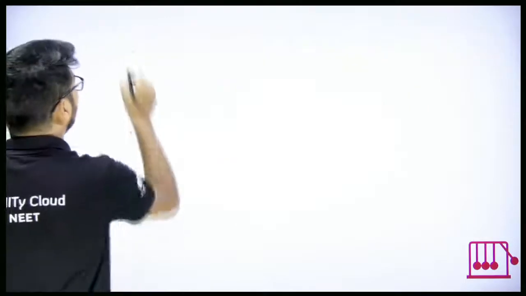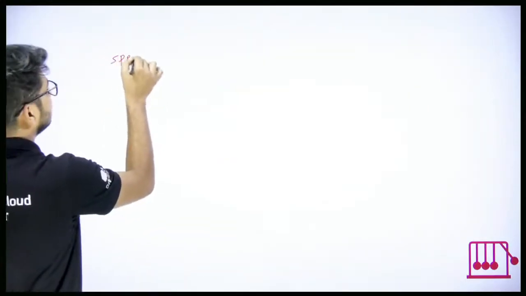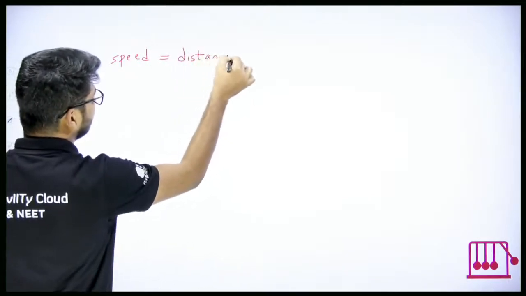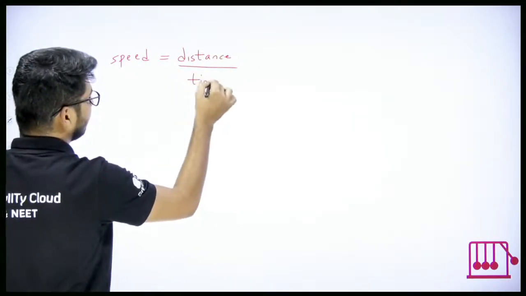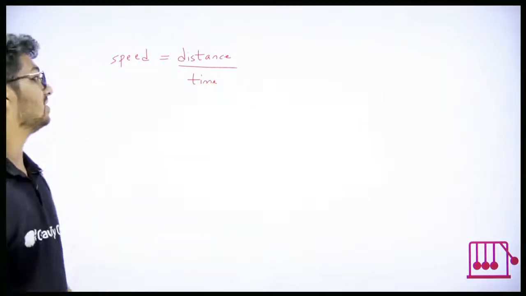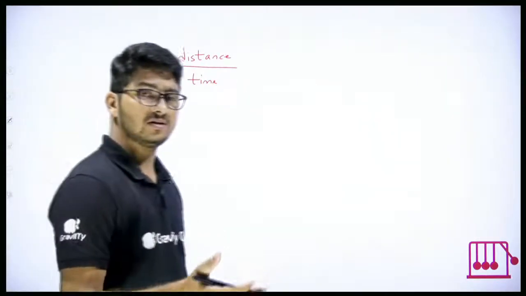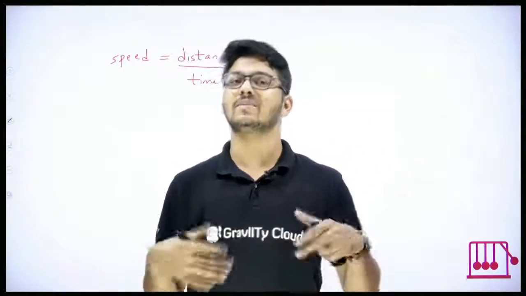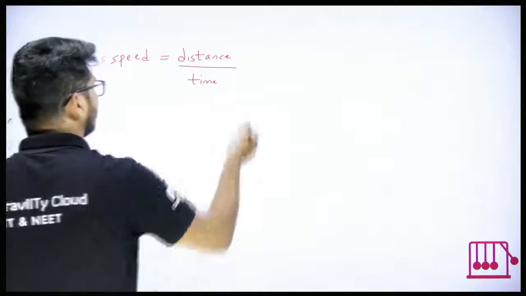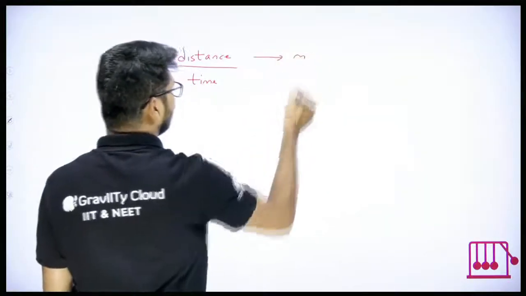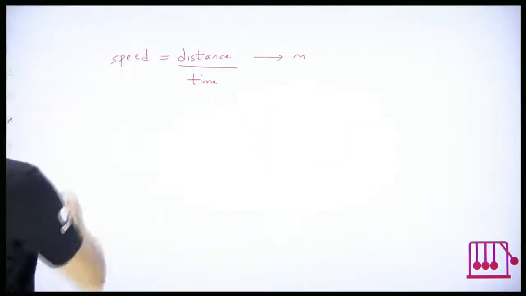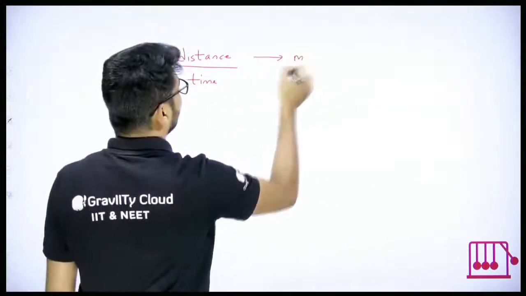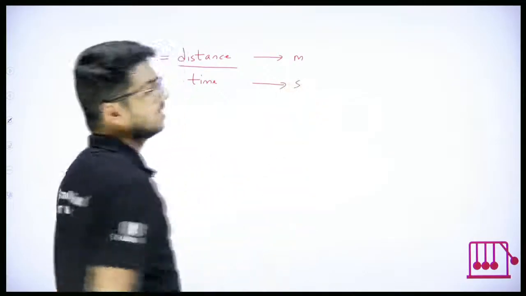Look at this. When we say speed is equal to distance by time, what is the SI unit of distance? Distance is nothing but length, right? So for distance or for length, the SI unit is meter. And for time it is second.